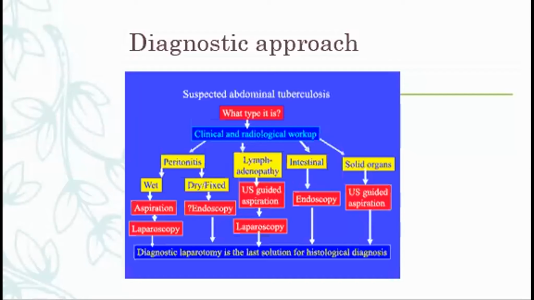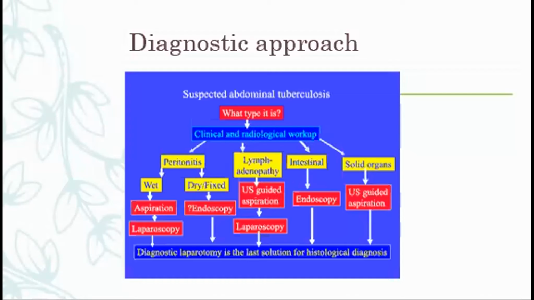With these fixed and dry ones, laparoscopy may be more difficult because there's a higher risk of iatrogenic bowel injury and fistula formation, and there's no space to insert the laparoscope. In these cases, a laparotomy might be indicated. Thirdly, you have lymphadenopathy, where you can go via ultrasound-guided aspiration. If that doesn't help, then you can consider laparoscopy.